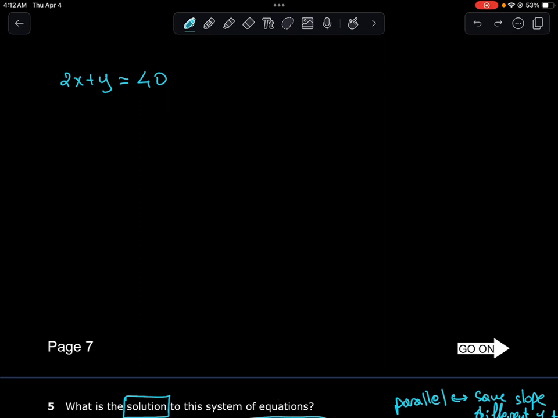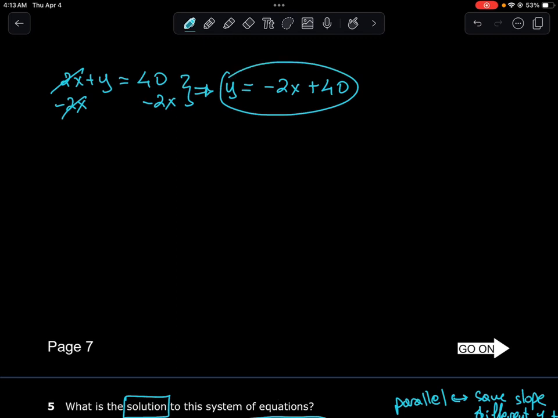Okay, there is no PEMDAS on the left or on the right. So crossing the bridge is with the 2x. So I put a negative 2x to cancel it, and then it will appear on the other side, and I can write it y equals negative 2x plus 40. Do I need to do anything else? No, because y is already isolated. I have the y equals.